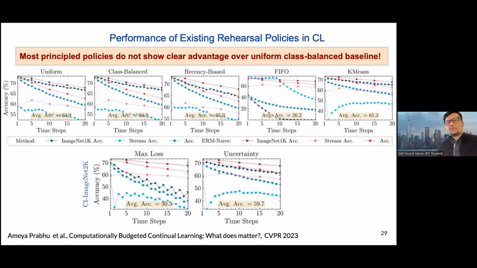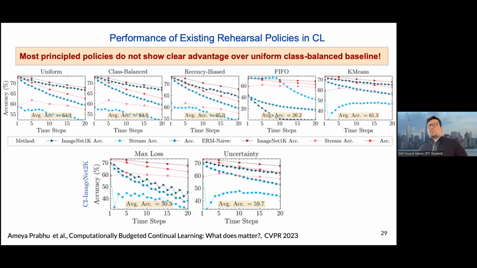In a recent work, they compared the uniform random rehearsal policy with different kinds of principled rehearsal policies, and they showed that most principled policies do not show a clear advantage over the uniform class-balanced rehearsal policy.